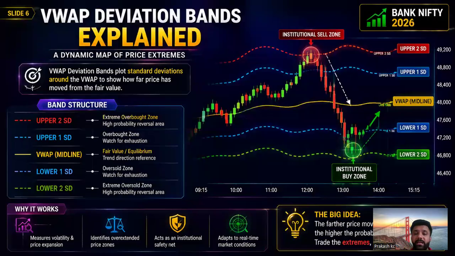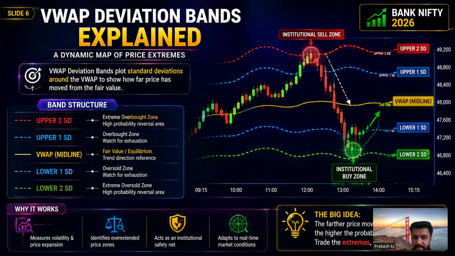In each VWAP deviation band, there is a midline. The midline is known as the VWAP line, and this gives you the fair value, that is the equilibrium, whether price is up or down. The upper band one is normally known as the overbought zone, that is for execution, and the lower side one is the oversold zone.